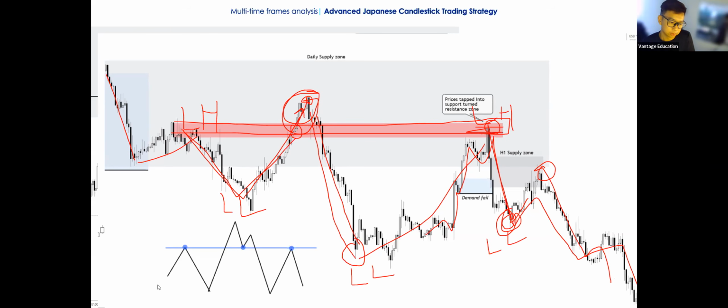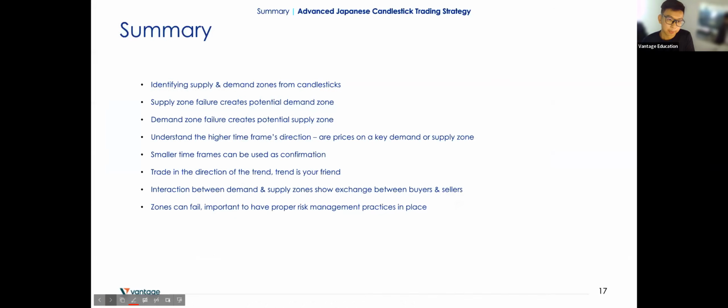Okay, so these are patterns that are common and might happen. Just going to wrap it up a little bit. The key thing here would be to identify your supply and demand zones. In most cases you might have a lot of indicators telling you a lot of things, but the key thing is to follow strict rules to identify your supply and demand zones.